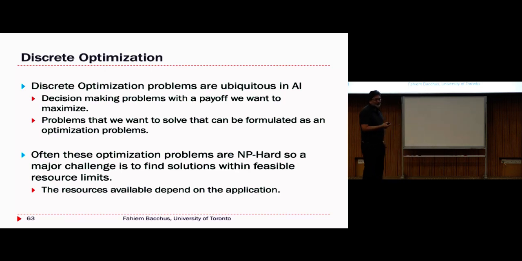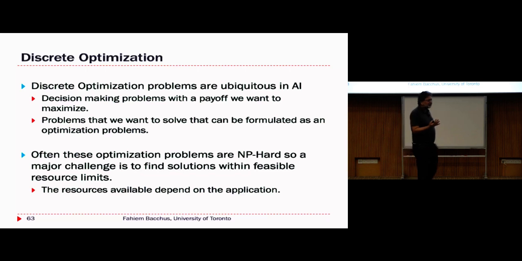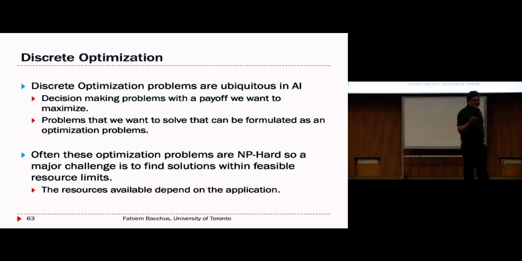Because many problems, you need to do some version of optimization. These are discrete optimization problems, of course, because we're dealing with propositional variables. You can set these propositional variables true or false, and you have a finite number of them, so you must be doing discrete optimization. And often these optimization problems are NP-hard, so they can be challenging.